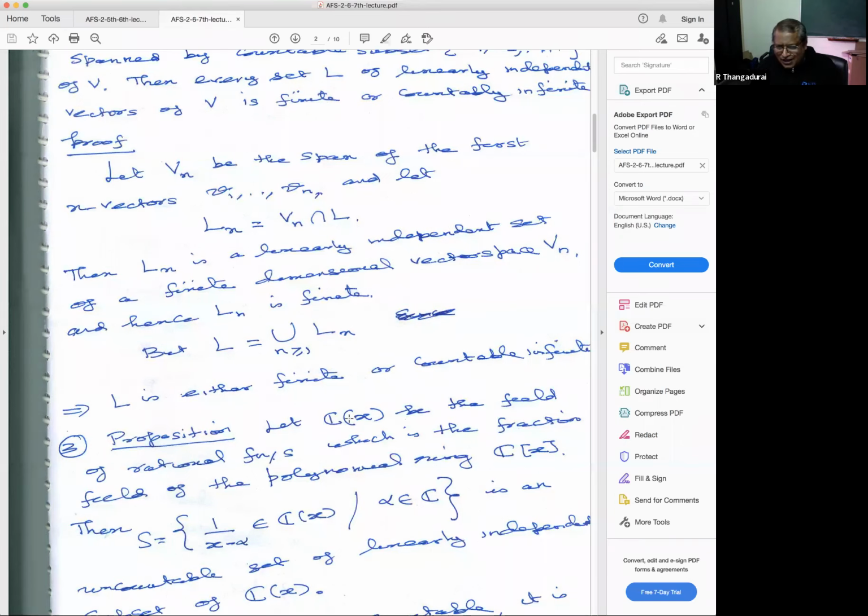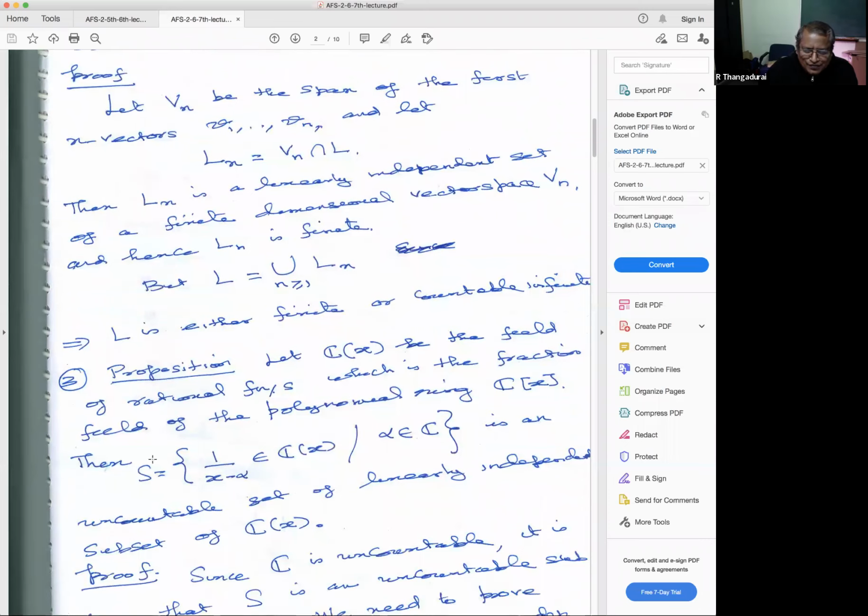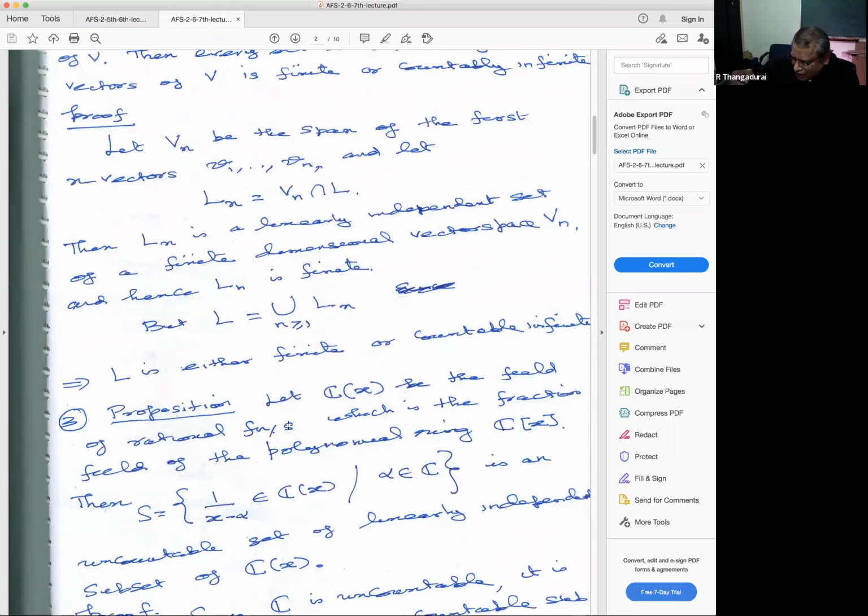So we are saying that there is a subset. You look at here, every element will look like a polynomial divided by another polynomial, f(x) by g(x), where f(x) and g(x) belong to C[x], the polynomial ring.